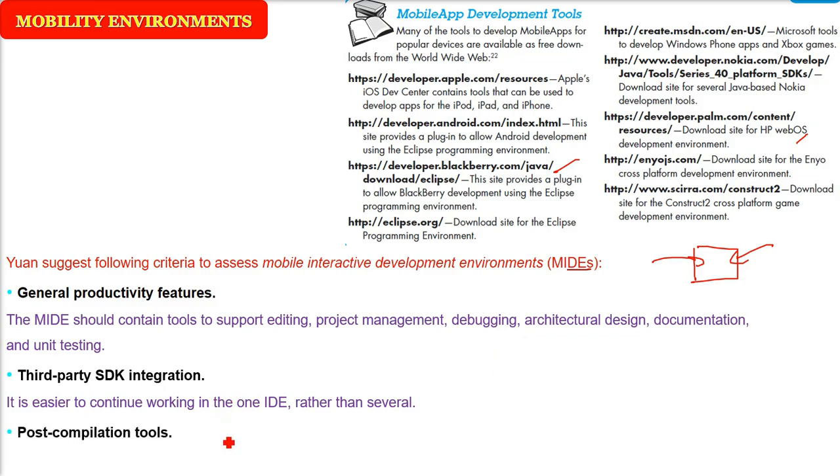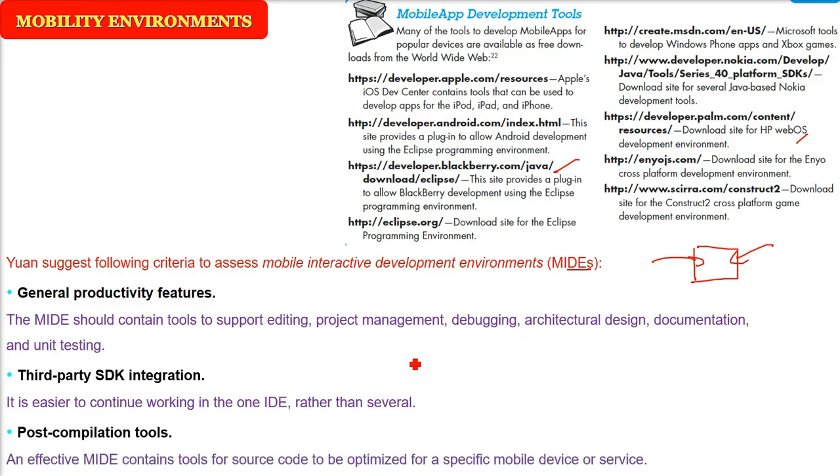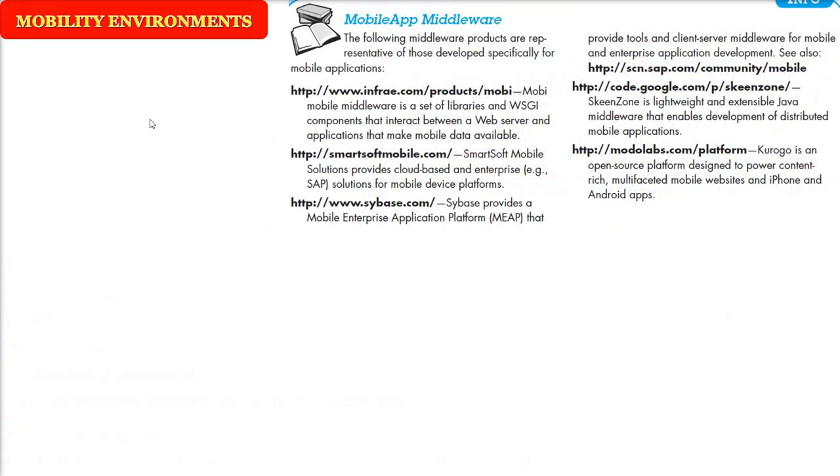Post-compilation tools. A good MIDE should contain tools so that source code can be optimized for a specific mobile device or service. These are the post-compilation tools you need in a MIDE. Over-the-air deployment support.